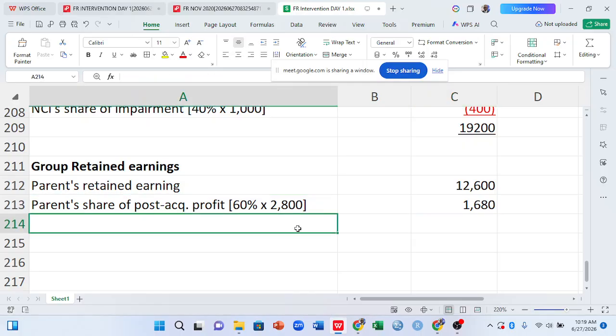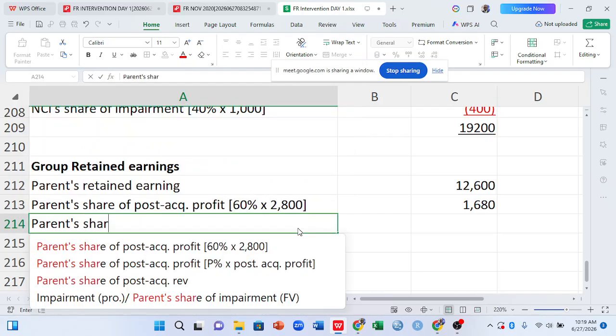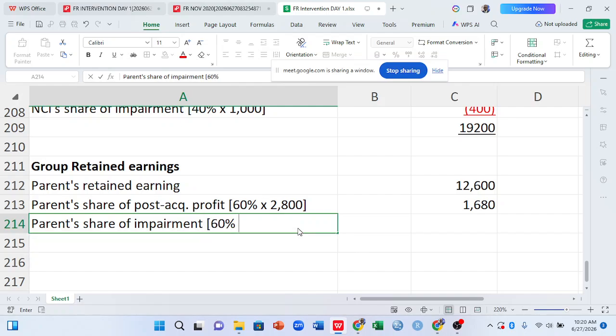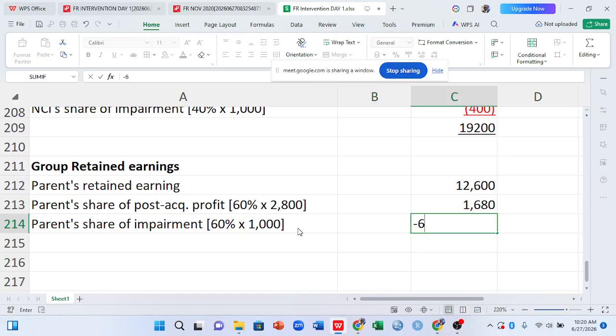Then we bring the parent share of impairments, which is also 60% on the impairment. Impairment was 1,000. So that will give us 600 in that case.